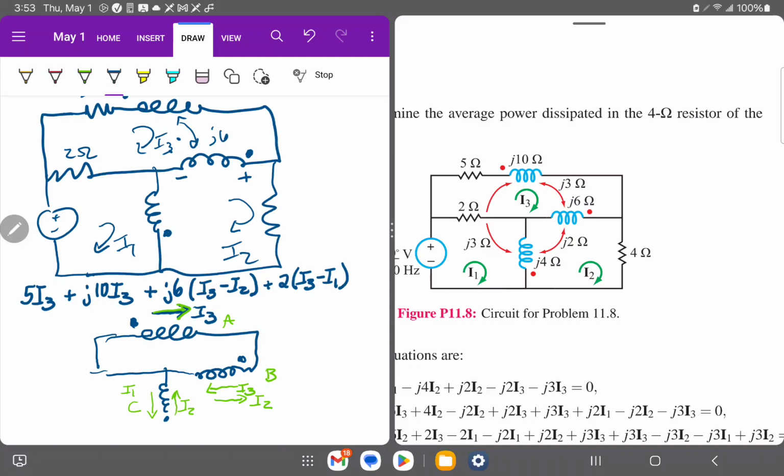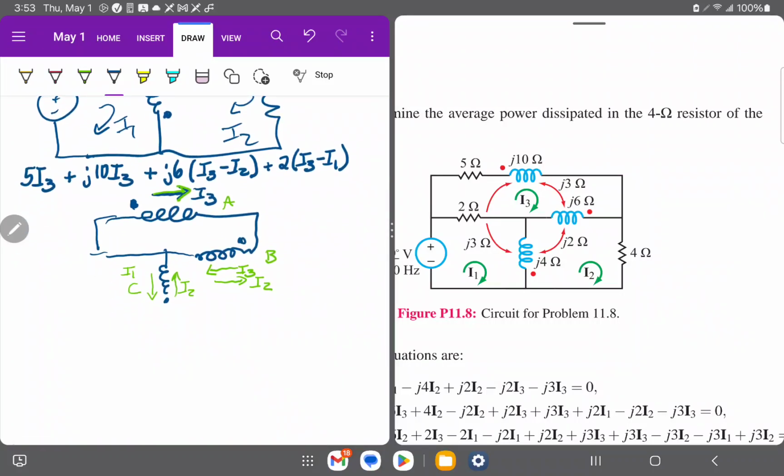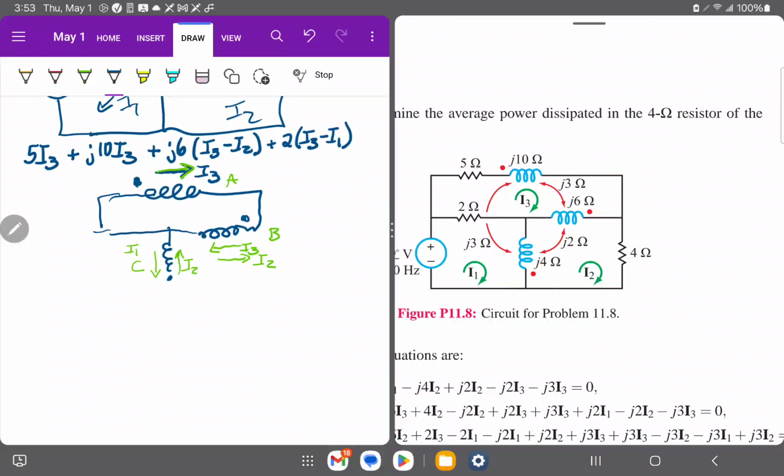Okay, so in my loop that I'm going around, I have multiple different interactions that I have to pay attention to.